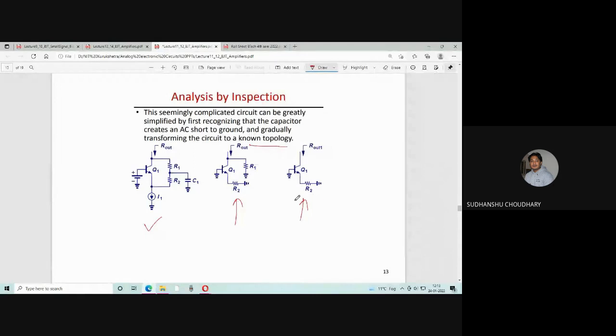Okay, so what have we learned so far? If there is any complex circuit of this kind, we need to transform it into a simpler circuit of known type or known topology. Once I simplify or transform this circuit into a simpler circuit of known topology, I can simply write the gain, input impedance and output impedance of this complex circuit. This is what we have learned today.